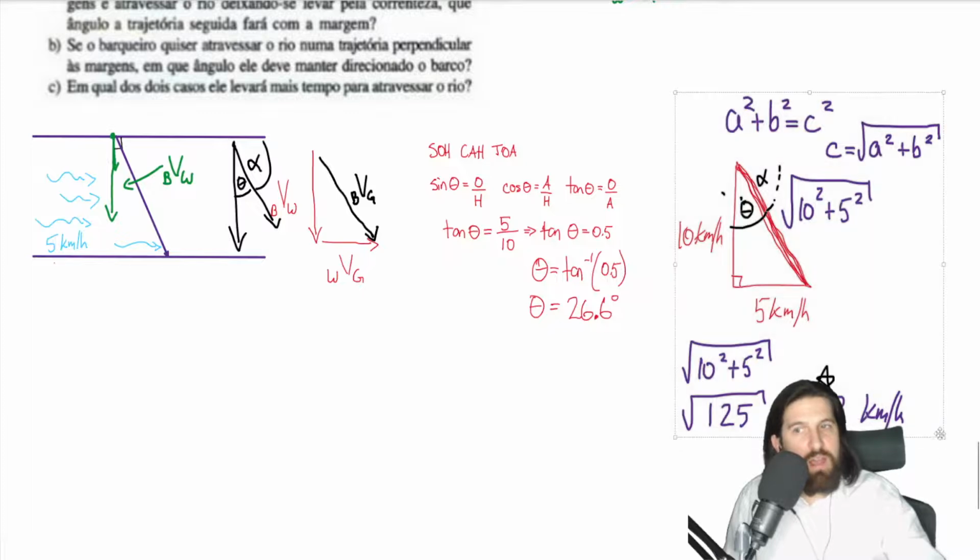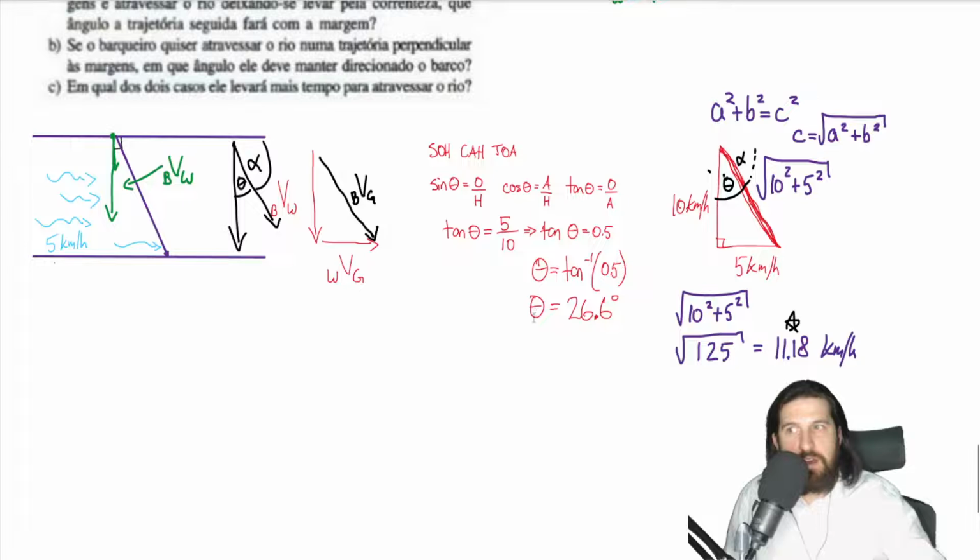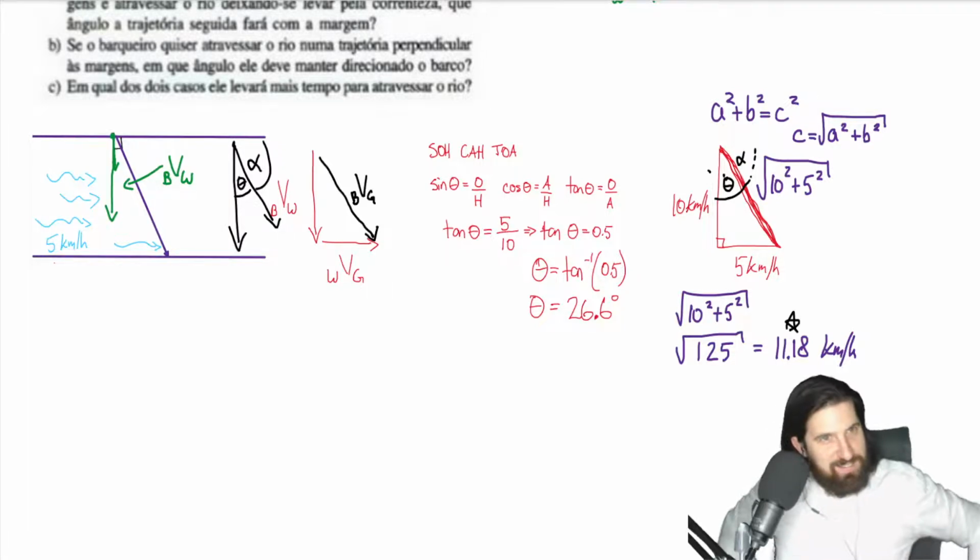Is that angle with the bank? No, that's theta, right? We need to find alpha. Yeah, but we found alpha, right? What is it? Okay, we need to get alpha.